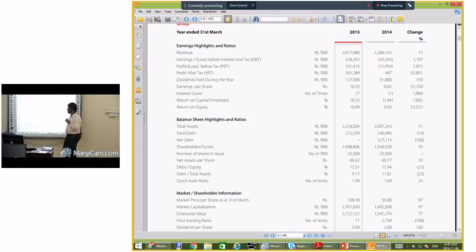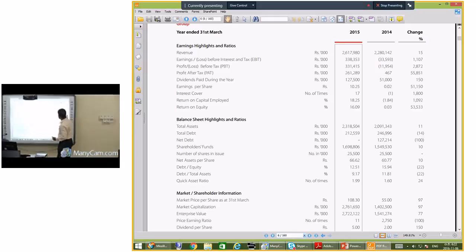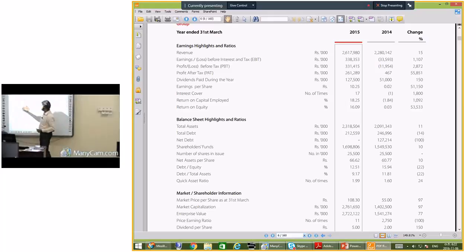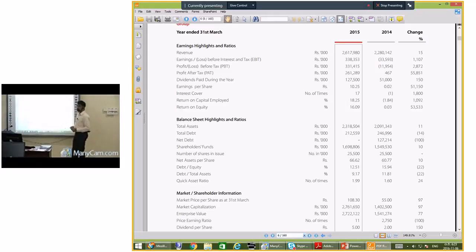If you take the Sampath Bank financial statement, most probably we can see 10 years of information, right? Then profit before tax. Important line items are given: the earnings per share and changes, right? Here interest coverage, capital employed, return on capital employed, return on equity. Here you already calculated and given, right?